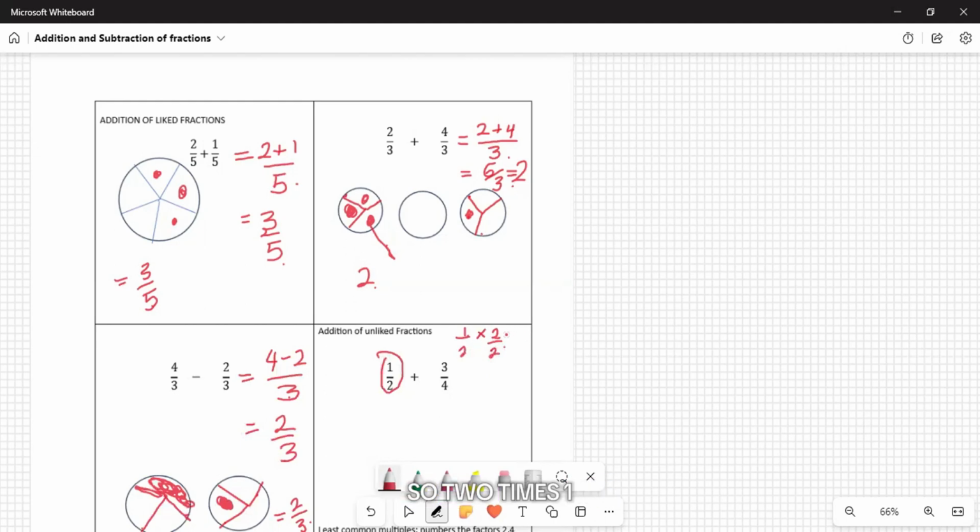So 2 times 1 will give me 2 over 4. Okay, so this half is the same as 2 over 4. So I'll just put it here, 2 over 4. Then plus 3 over 4. So when you add the 2, then you would have 5 over 4.